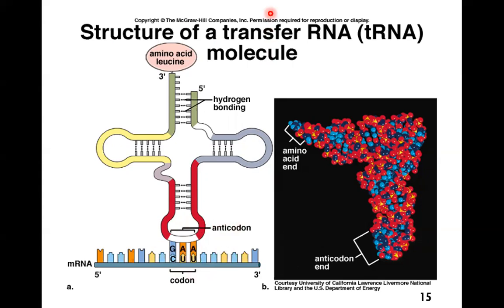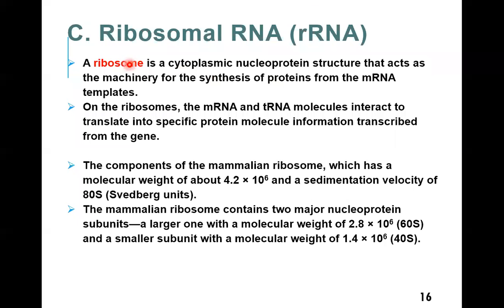We have ribosomal RNA, rRNA. The type C, ribosomal RNA. A ribosome is a cytoplasmic nucleoprotein, containing nucleotide and protein, that acts as the machinery for the synthesis of protein from the mRNA templates.